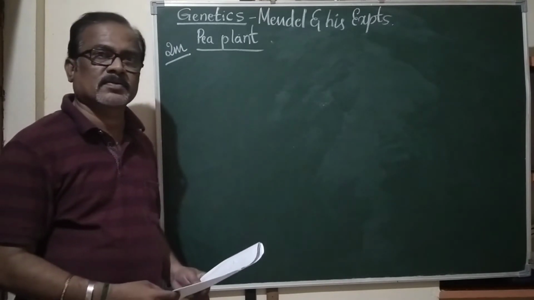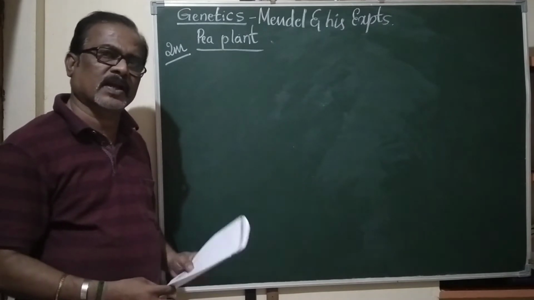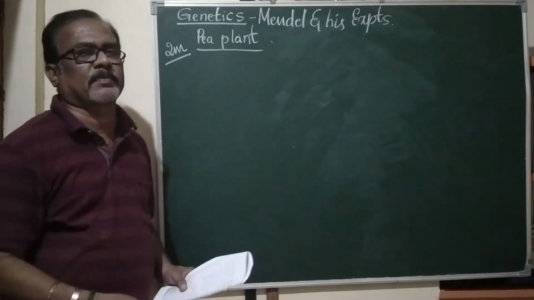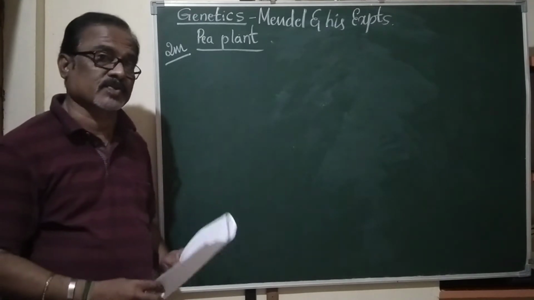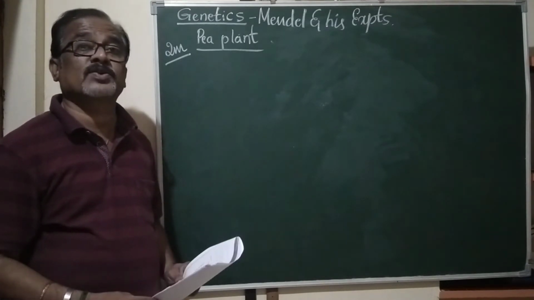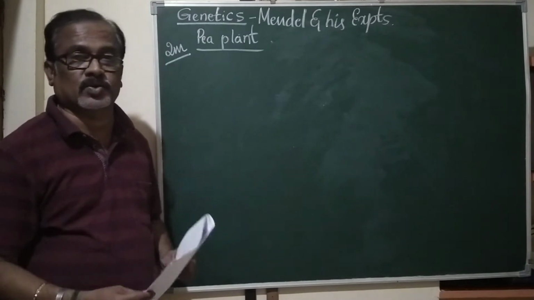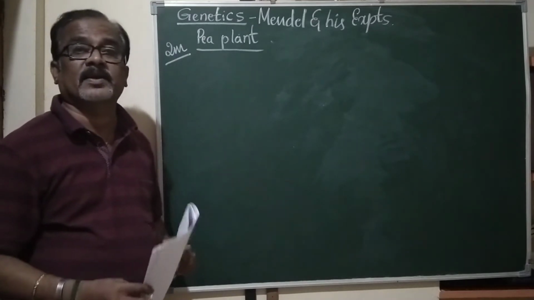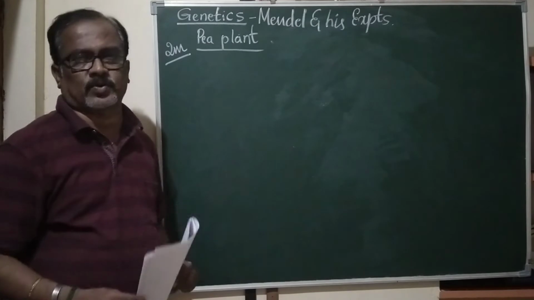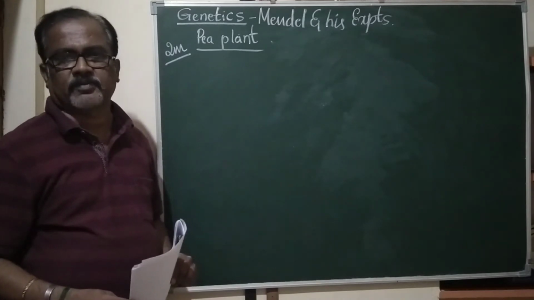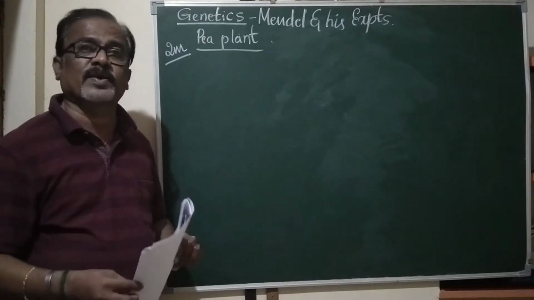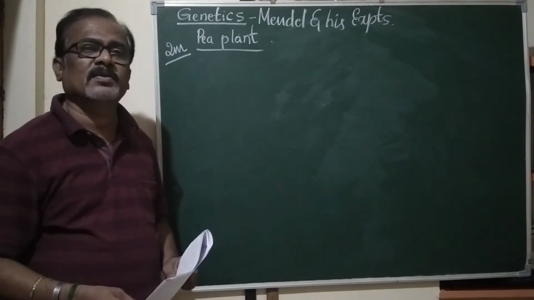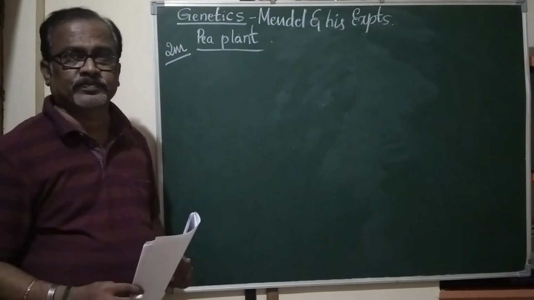So after selecting the garden pea plant for his experiments, he recognized 7 pairs of contrasting characters which were related as dominant and recessive.